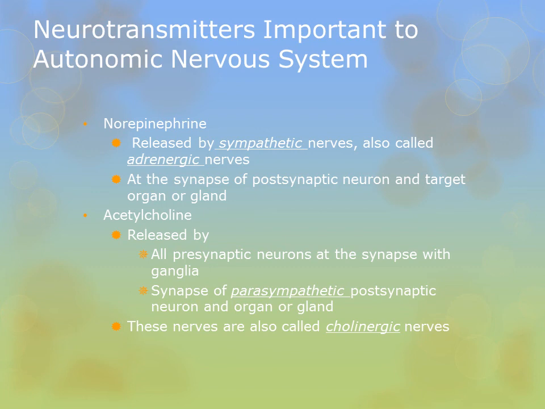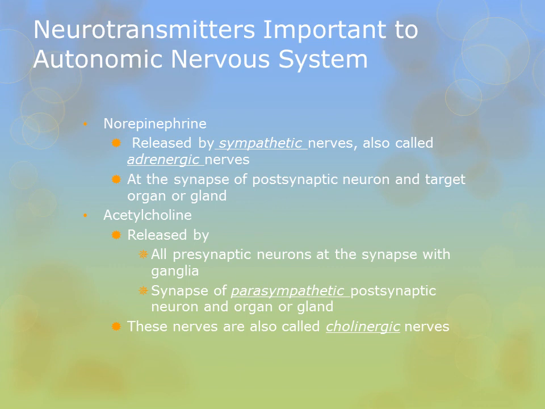So acetylcholine then is the neurotransmitter for the parasympathetic nervous system. It has the opposite effect of norepinephrine, and it's going to stimulate or act on the parasympathetic nervous system. The PSNS is also called the cholinergic system.